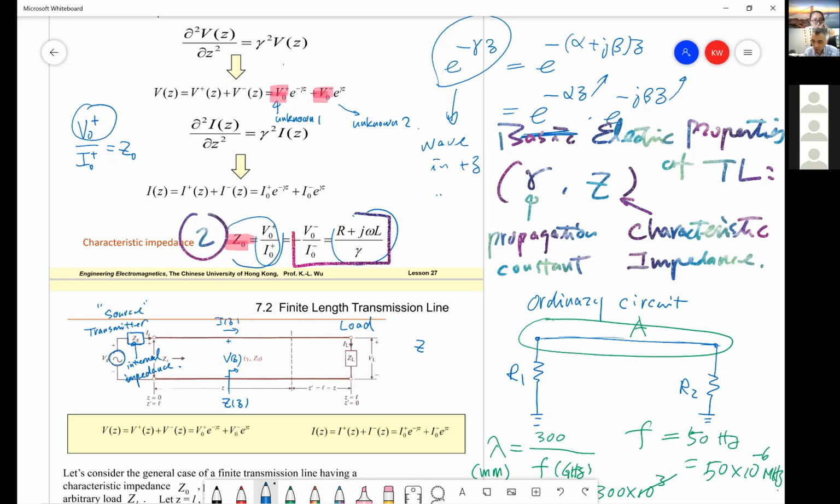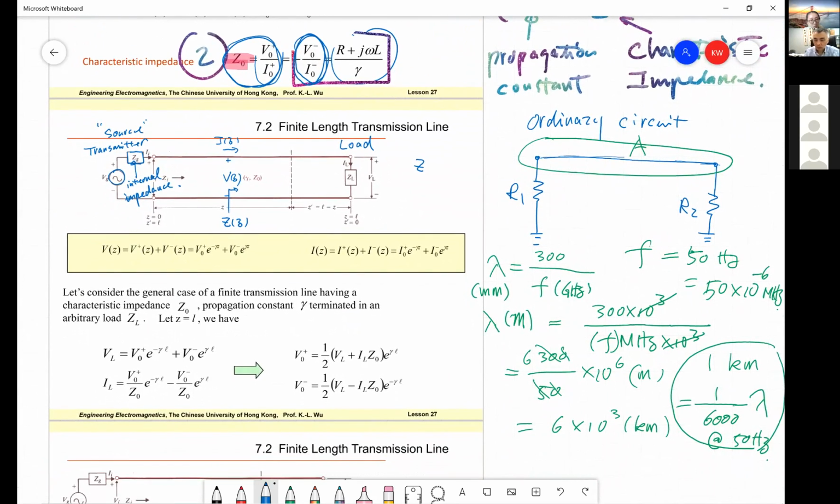But the impedance at a transmission line at any location is a total voltage and a total current. It's not a traveling wave, it's a standing wave. It's a summation of waves traveling toward both directions. So this is what we want to do.